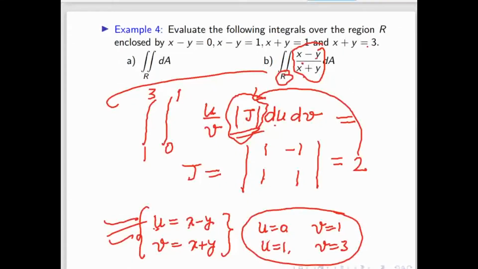So in the first calculation, the double integration of dA, J came out as 2. So if we integrate the double integration, we will find 2 into 2 equal to 4. No, it will come 2 into half equal to 1. 2 into half, sir, how? Because that J will be 1 upon J, so we'll put 1 by 2.